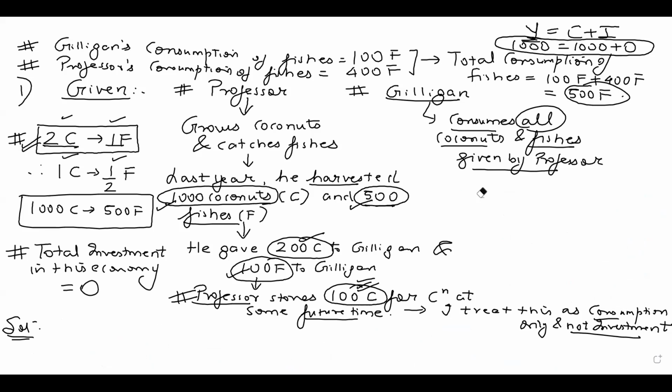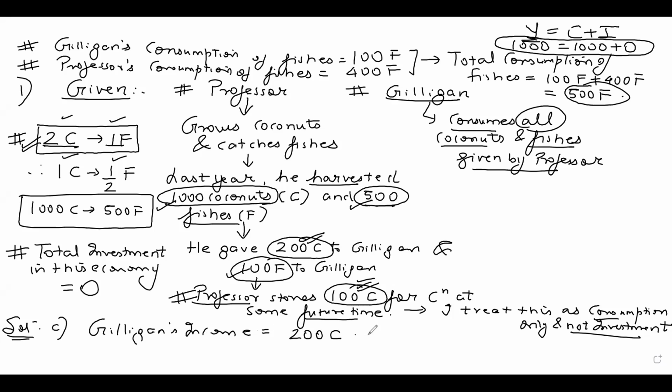Now we can calculate part C. Let's look at Gilligan's income. How many coconuts is Gilligan getting? 200 coconuts. So Gilligan's income is the 200 coconuts he has, which he can sell.